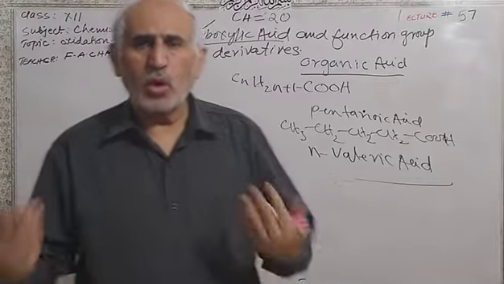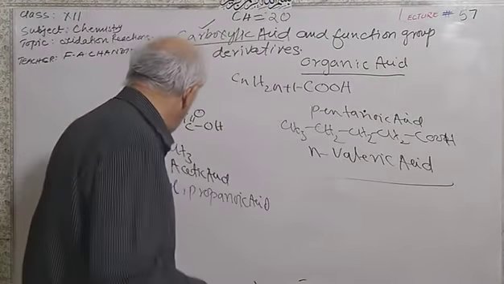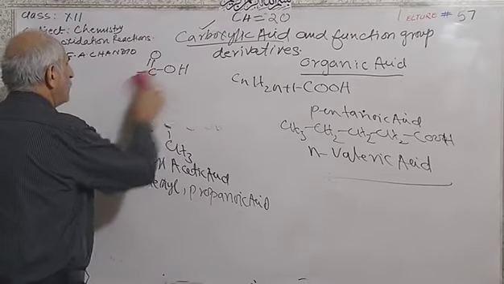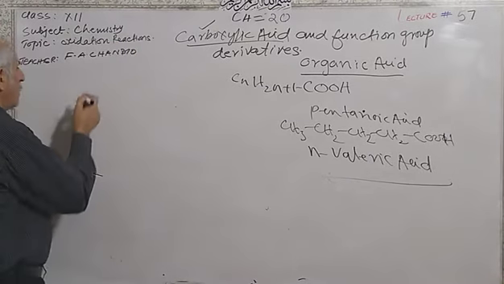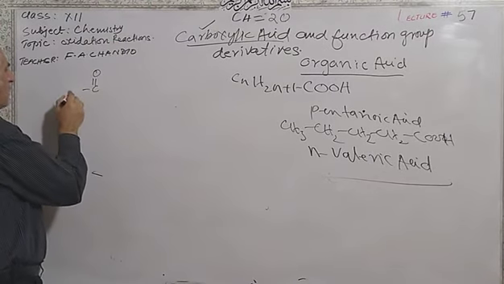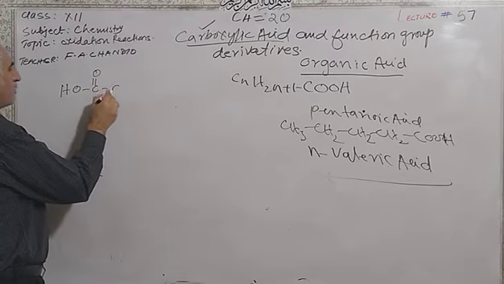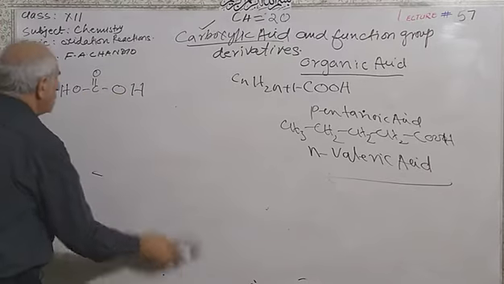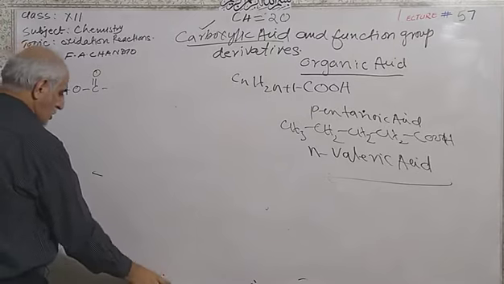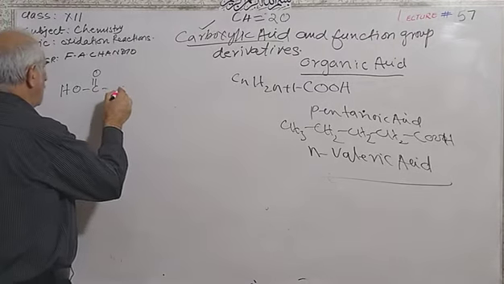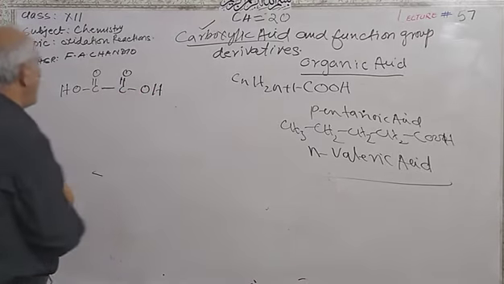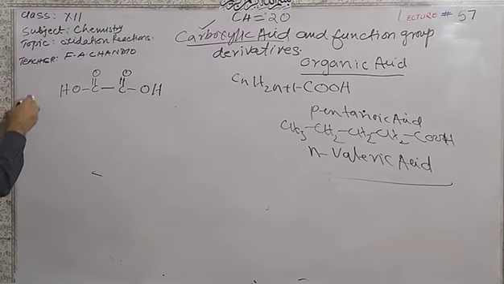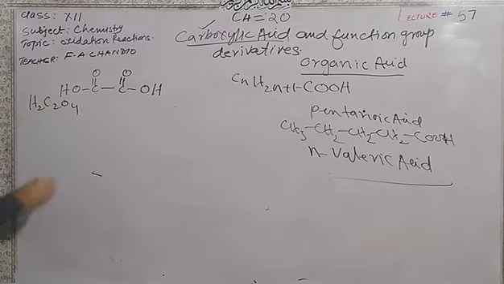And if there is more than one functional group, we call it poly, many, di, just like oxalic acid, H2C2O4.